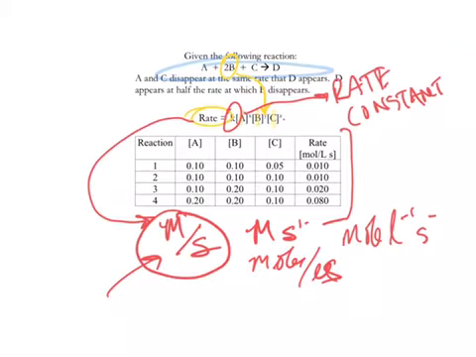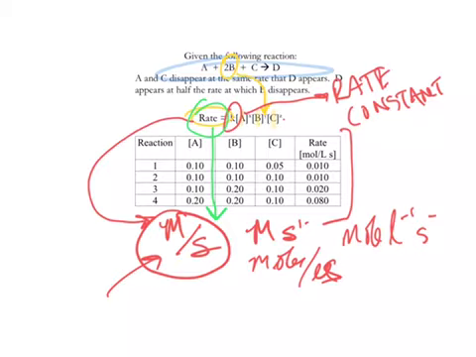But this R, this rate, no matter what happens over here, you have to end up with units of molarity per second. I say again, listen to me. Bruce, pay attention. You have to end up in molarity per second.